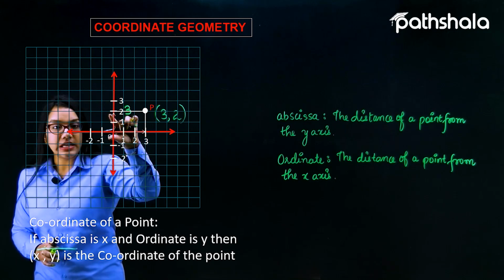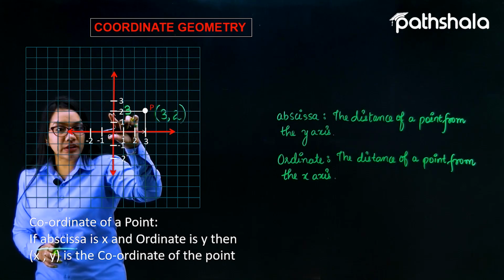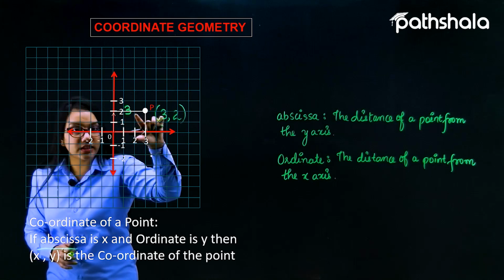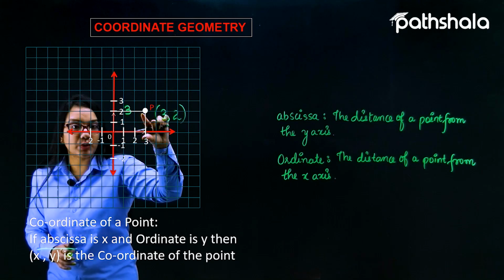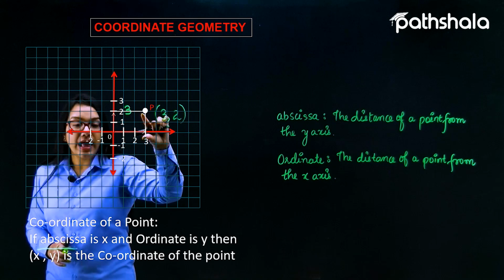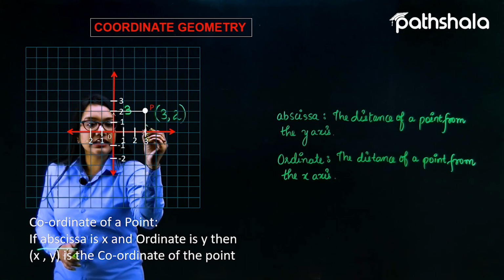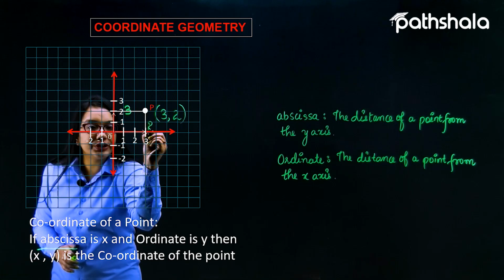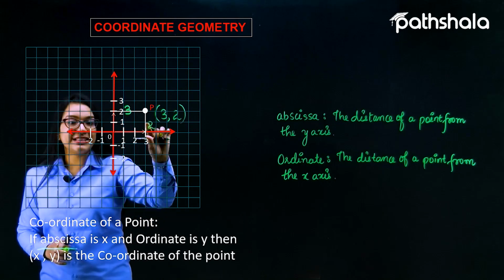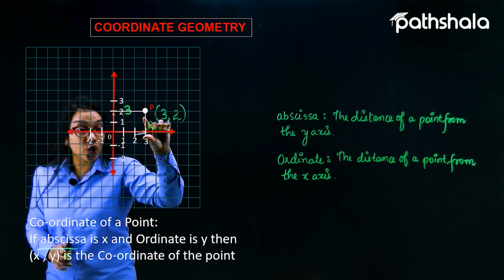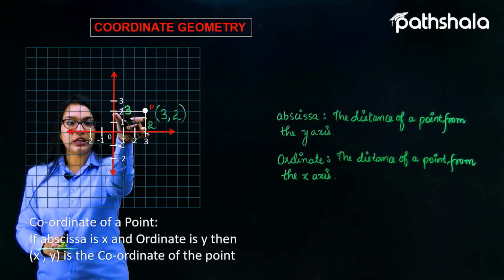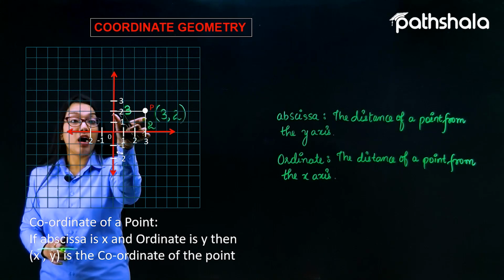Definitely, if this is a 2 unit distance, then this will also be a 2 unit distance because they are drawn parallel to each other. So this is our ordinate, and this is our abscissa.